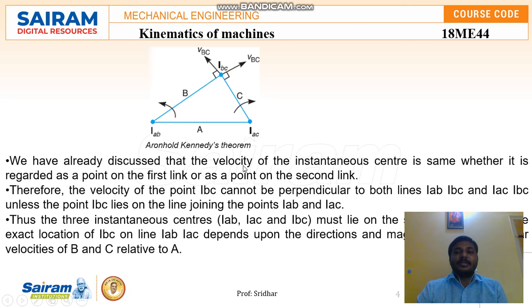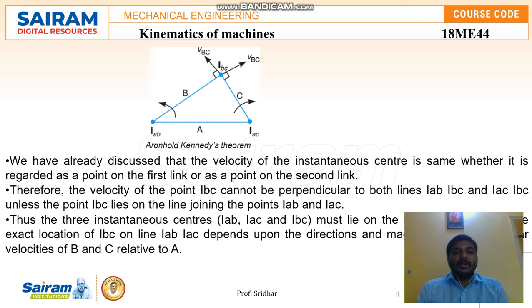The exact locations of IBC, IAB and IAC depend upon the magnitude of the angular velocities of B and C relative to A. Then only can all the instantaneous centers lie on the same straight line. So this is how the Aronhold-Kennedy theorem has been proved.